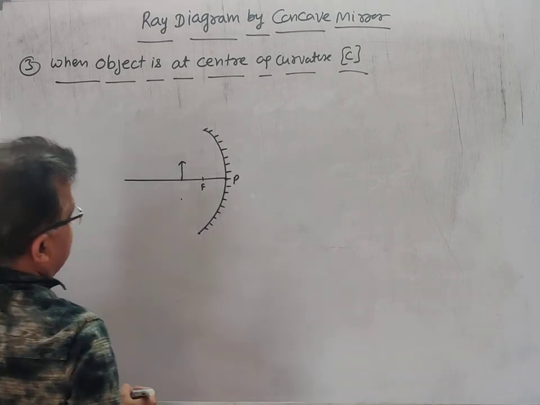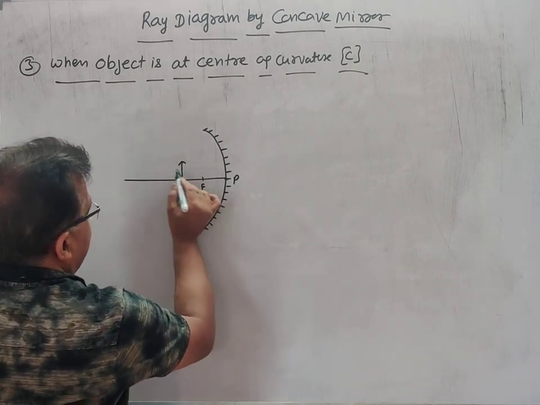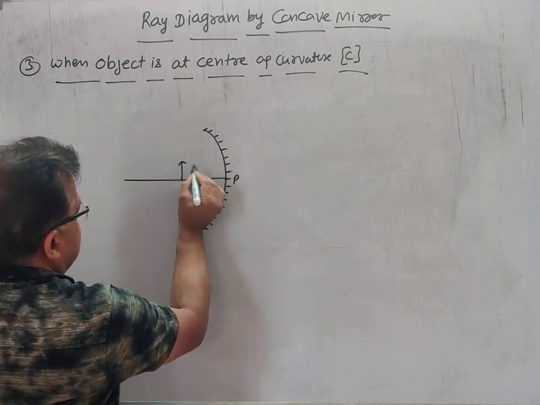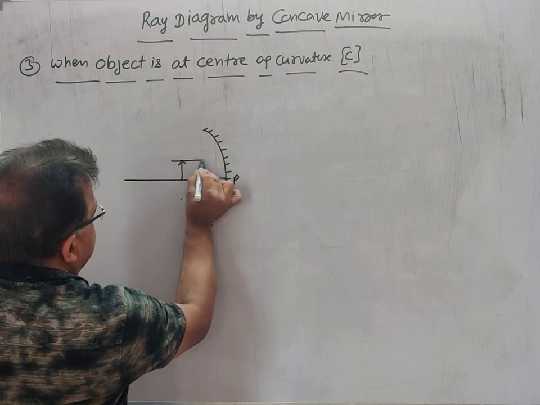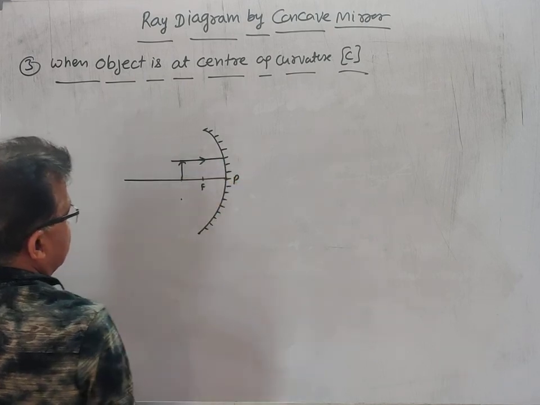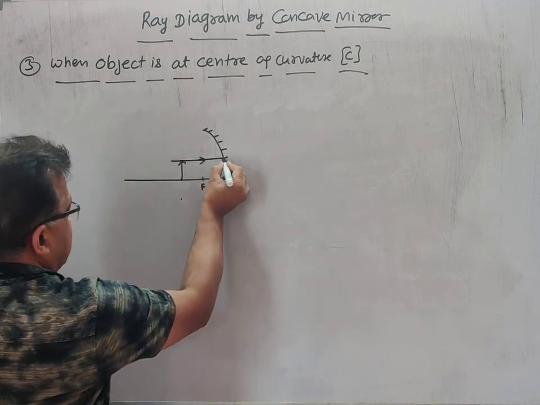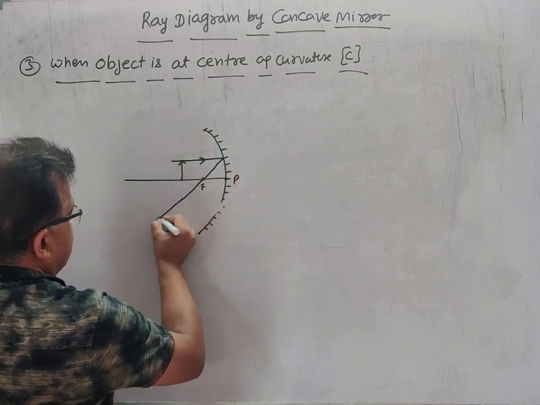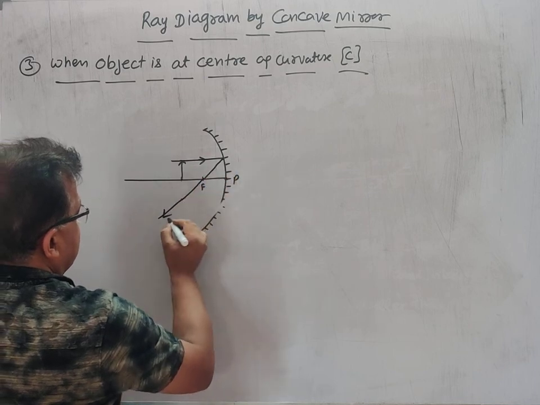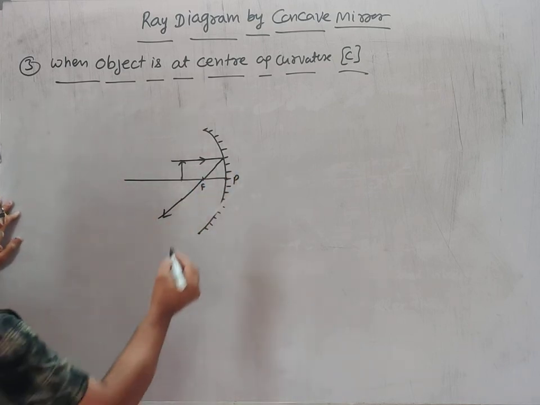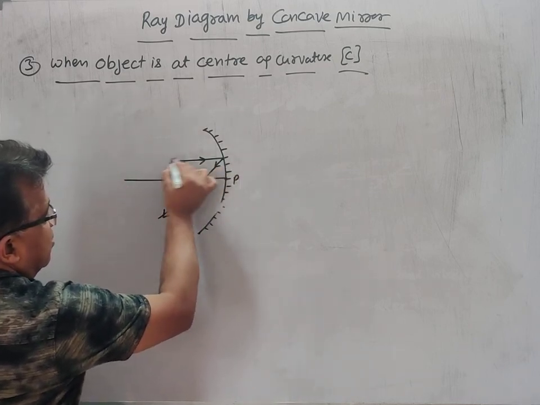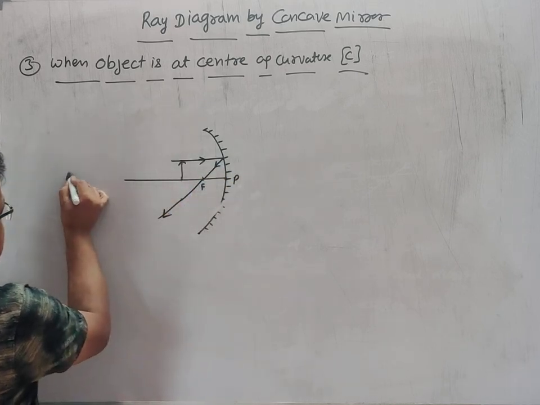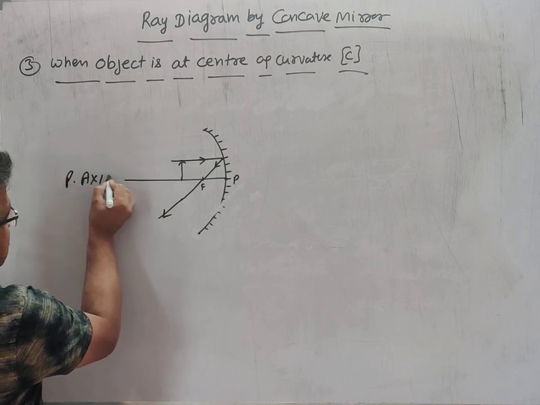So you can show one ray parallel, which will pass through F. It is the incident ray, and the reflected ray, parallel to the principal axis, it is the principal axis.